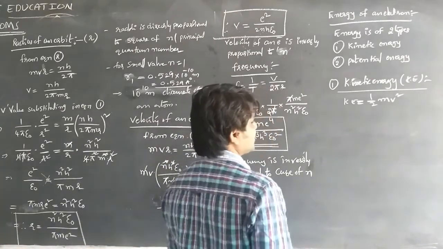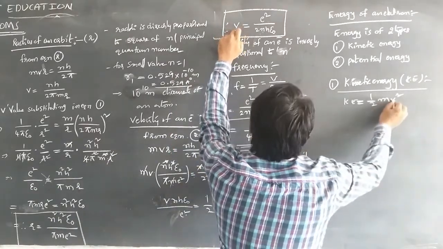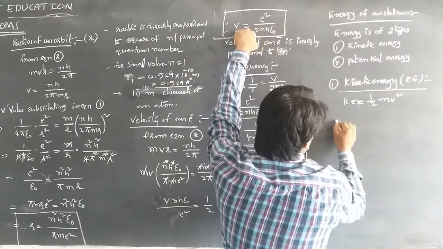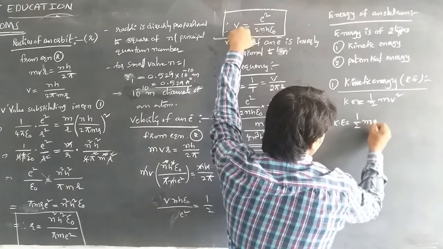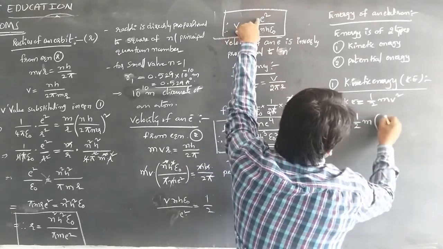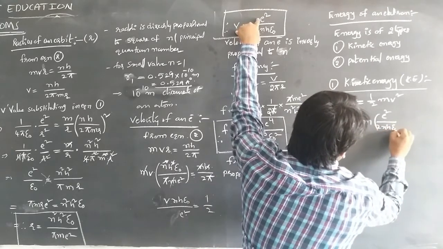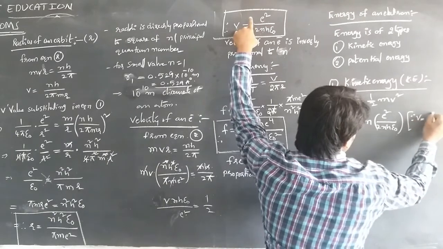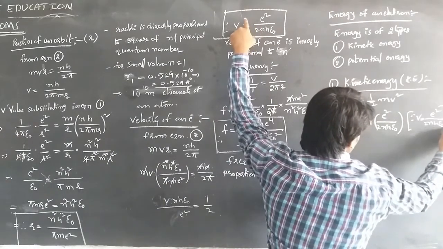In that case we know the velocity of an electron, v is equal to e square by 2 n h epsilon naught, which we substitute in the equation. So the kinetic energy, which is equal to half m v square, we substitute v is equal to e square by 2 n h epsilon naught from the equation of velocity.